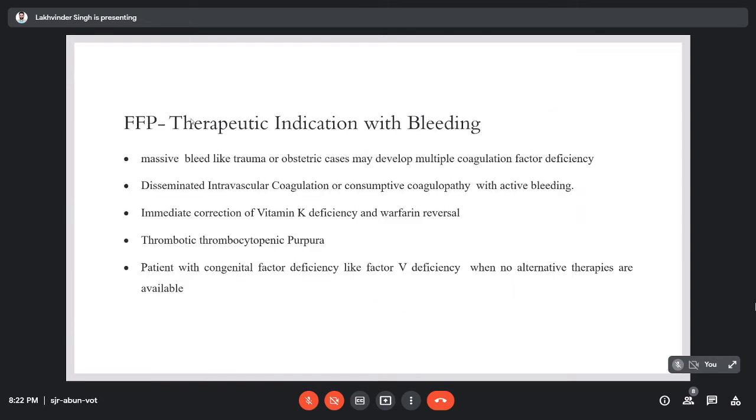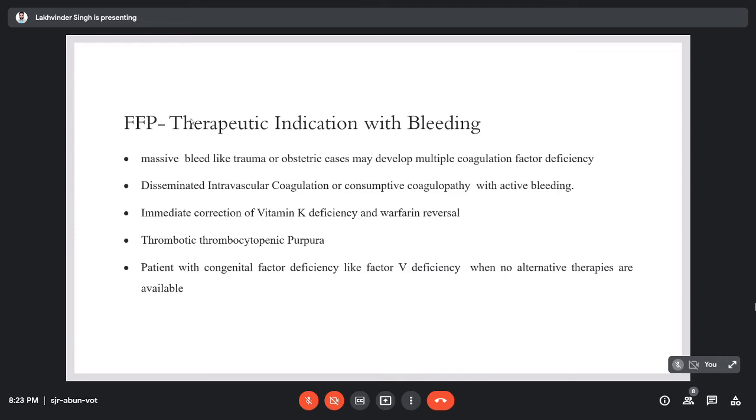So coming to the indications for fresh frozen plasma. It is plasma which is prepared within 6 to 8 hours of blood donation. The therapeutic indication is when the patient is bleeding, like in massive bleeds, trauma, or obstetric cases like postpartum hemorrhage, because due to bleeding, lots of coagulation factors are lost.